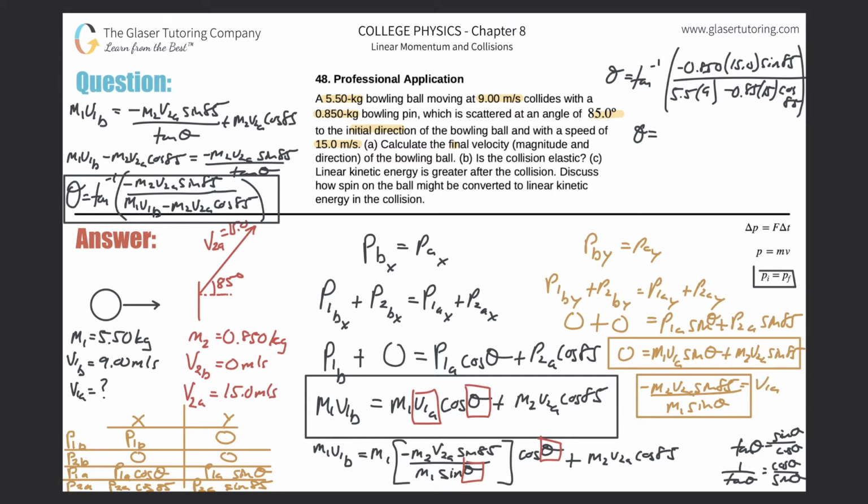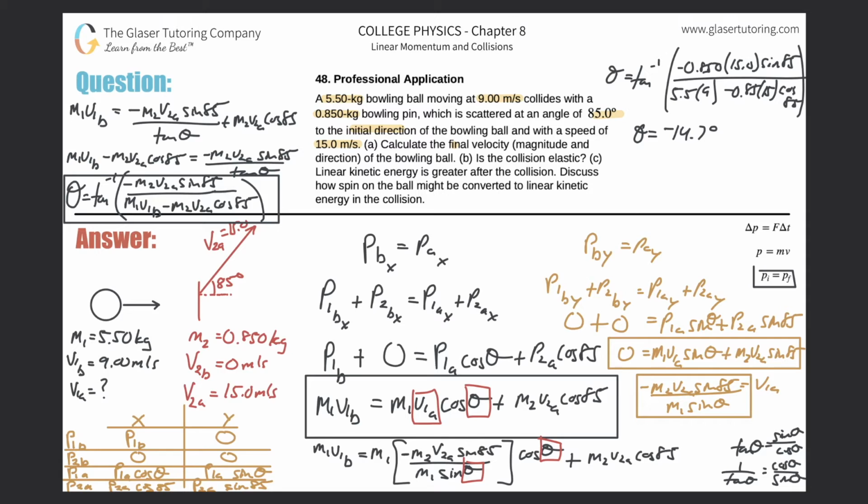Oops, hold on one second, I'm going to re-plug that in. Negative 0.85 times 15 times sine of 85, all divided by the answer of the denominator. And now I have to do the inverse tangent of that, and we get a value of negative 14.7. So theta here is negative 14.7 degrees.